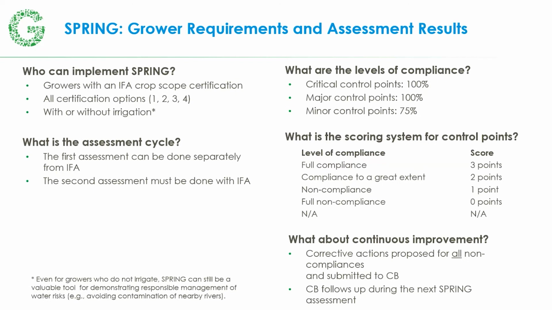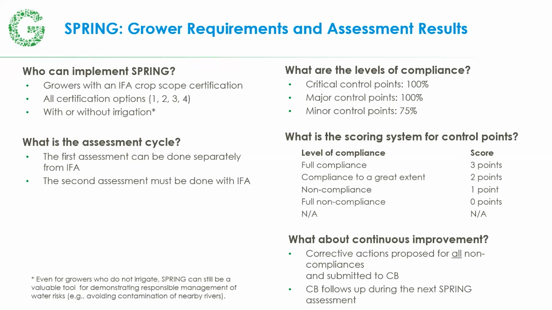If the producer, for example, received the IFA assessment in January and the first spring assessment in May, next January is going to receive both together. Why? Because we try to simplify the process. We want to have the same valid date. If a producer asks for an extension for GLOBALG.A.P. for IFA, for example, they are going to receive the same extension for spring.